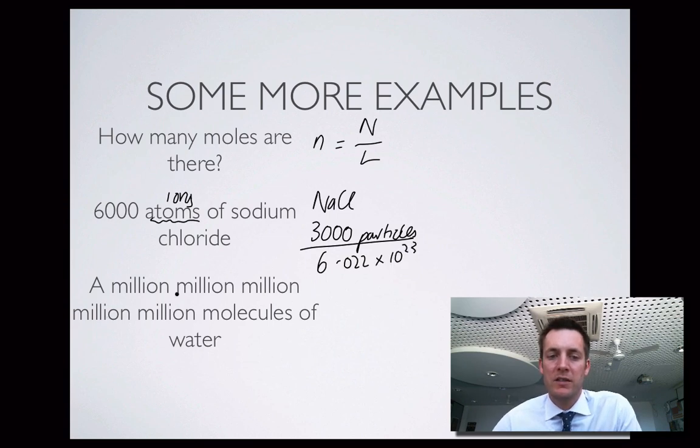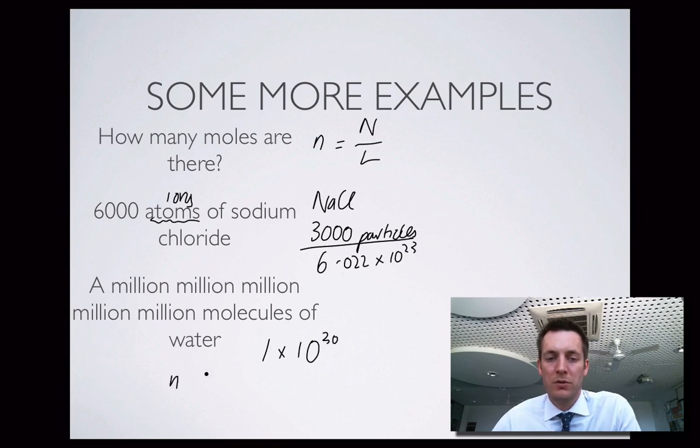If I had a million million million million million molecules of water, this seems like a stupid number of molecules, but as we'll see, it's not that ridiculously large if you're talking about moles of things. That's 10 to the 6 five times, so 10 to the 30.